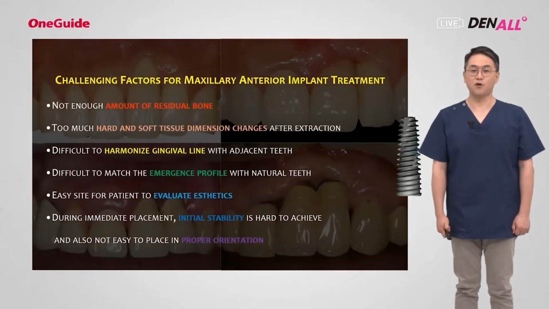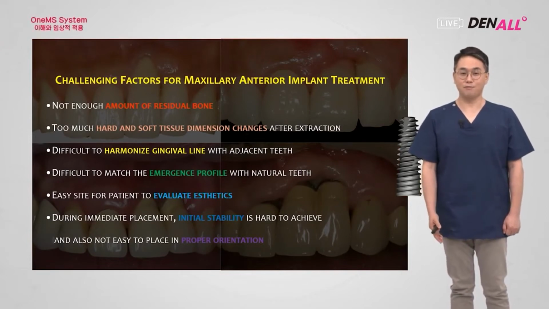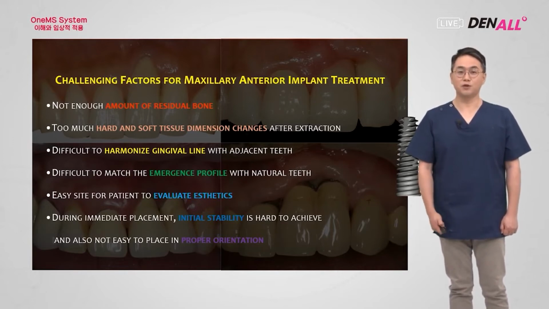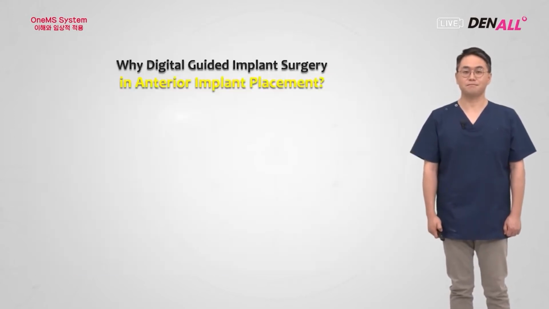So it's really tricky to place an anterior implant, and it's an aesthetic area. If you place the implant wrong compared to a bridge or the conventional method, it can become less aesthetic. You know all this part very well, so I will skip that.